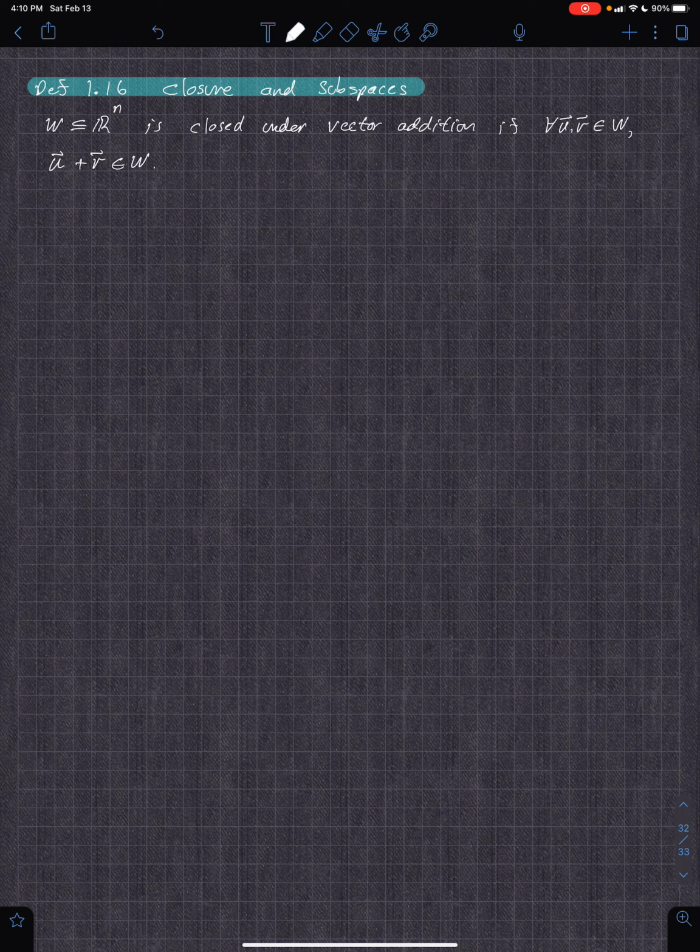And then we have closure for scalar multiplication as well. Similarly, if rv is in W for all v in W, and little r is in the reals, well, it's a constant, then W is closed under scalar multiplication.